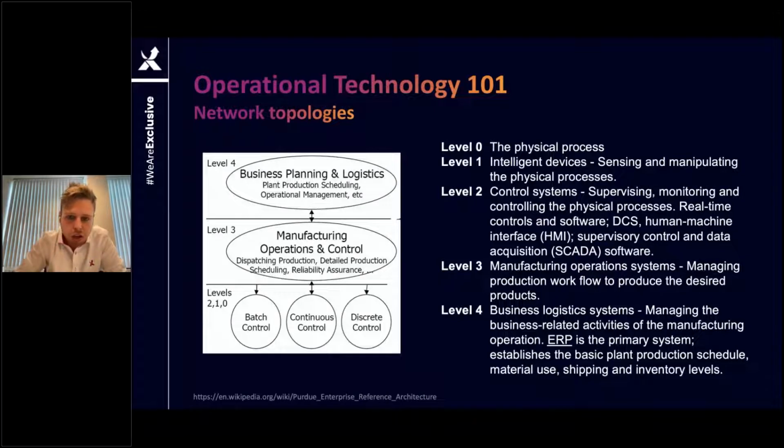The model is built up out of 5 levels, including 0. Level 0 is the physical process. With physical process, we mean the sensors, the valves, the relays, which do something or which register something from the real physical world. Level 1, intelligent devices.